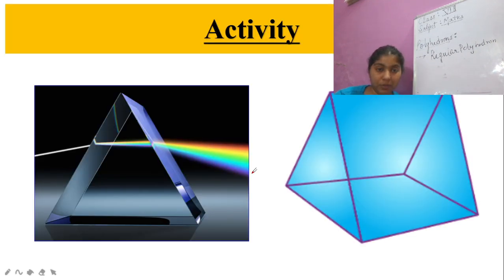Now students, you have to correlate these two images. The first is there and the second is also there. Where do you find any comparison? Is it a 2D shape or a 3D shape? Yes, very good, it is a 3D shape. How do you consider that this is a 3D shape, and how do you come to know that this is a polyhedron?